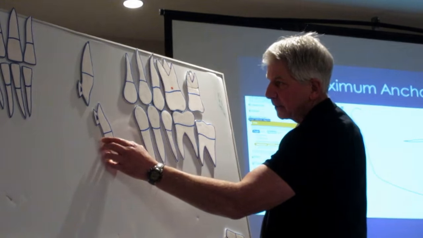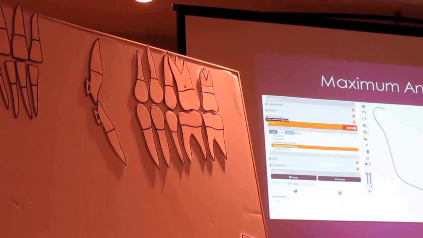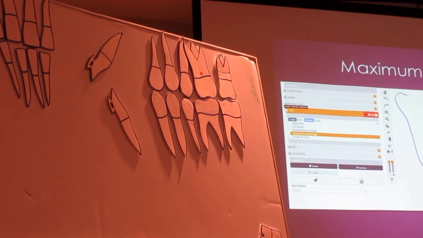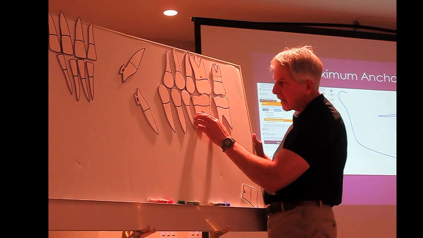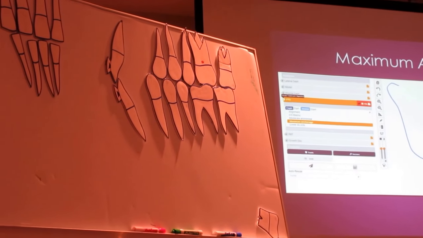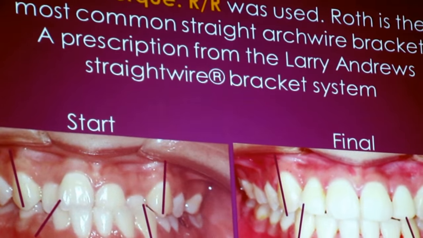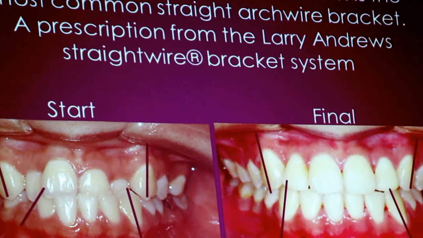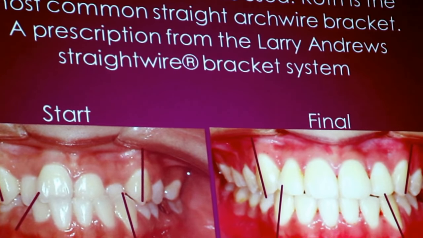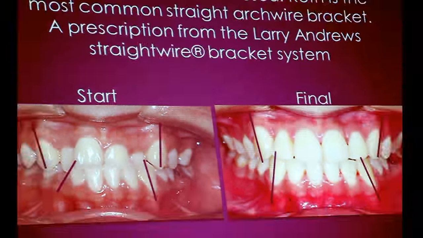Patient comes back from surgery and they still got 4 millimeters of class 2. She comes back with a nice posterior occlusion, 2 months after the surgery.